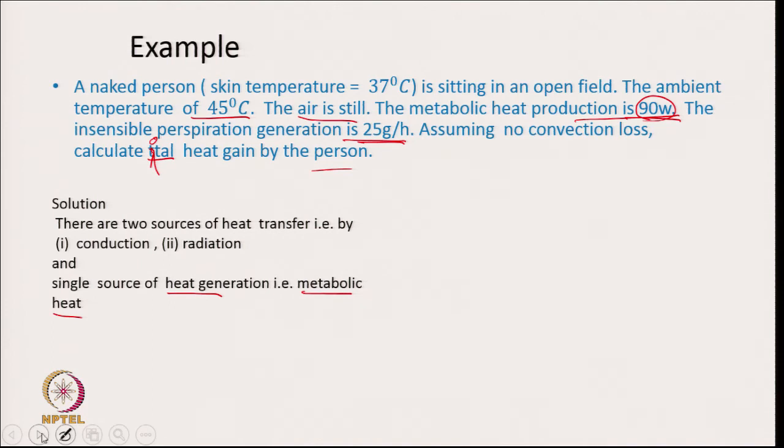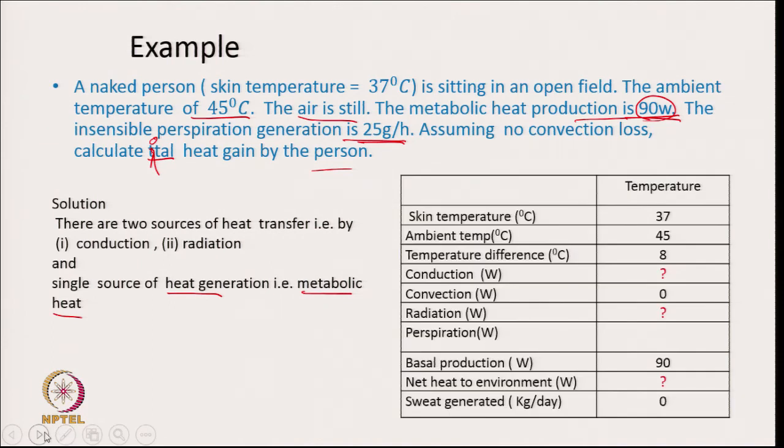All right. This data is stated in this table also. Skin temperature is 37 degree centigrade, ambient temperature is 45. So, the temperature difference is how much? 8 degree. Conduction heat, how much we are going to gain? We do not know, question mark. Convective heat gain is 0.